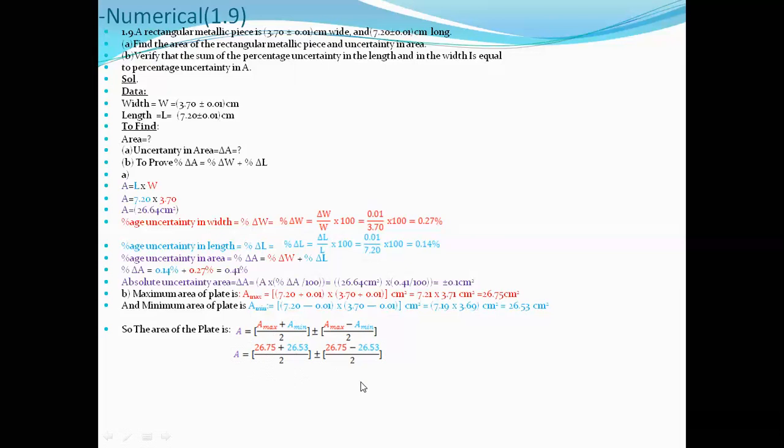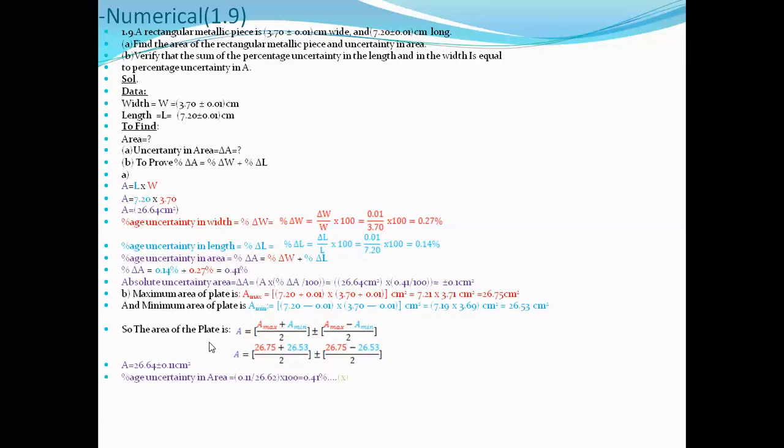So this is the value which we have to calculate, one time we have to add and one time we have to subtract. The answer which we have is area equal to 26.64, which is approximately right to our previous question's value.